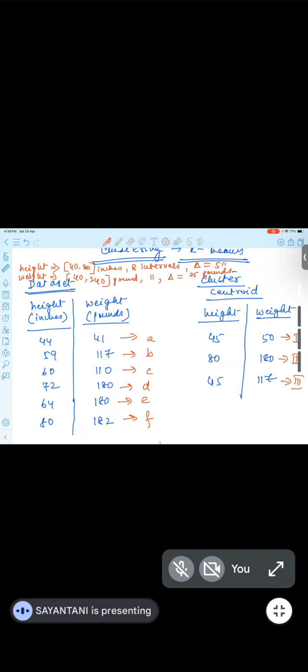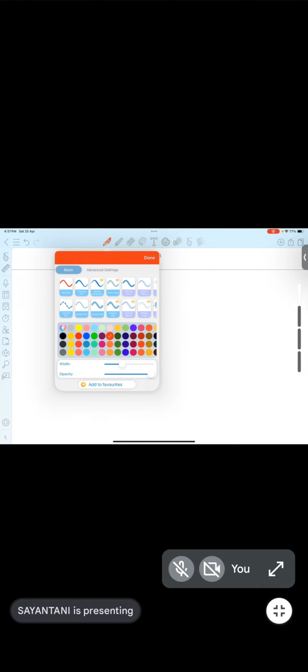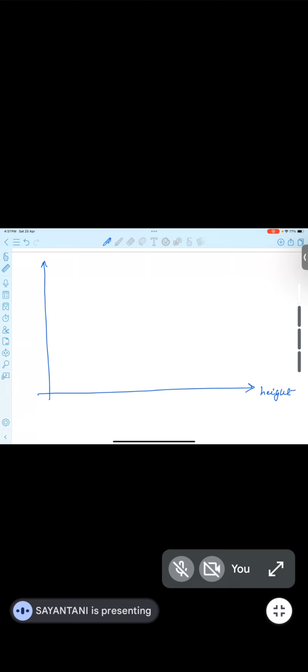So let us start doing that. So this is going to be your height. And this is going to be your weight.